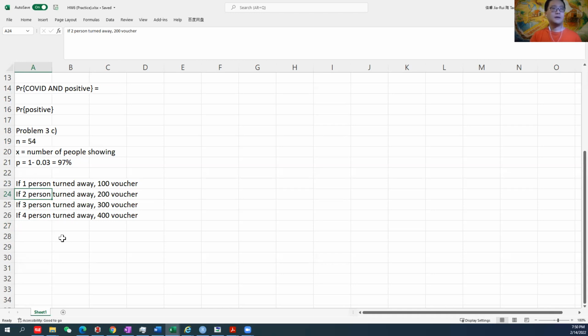So now I would like to get an answer from you to find the first probability of 1 person or customer turned away. Any thoughts on this?